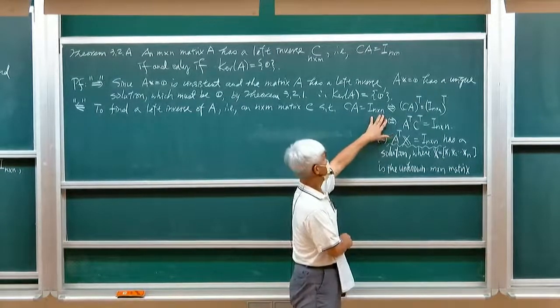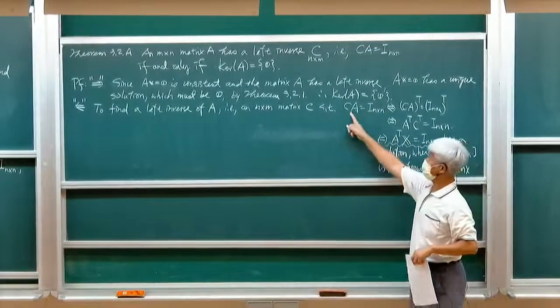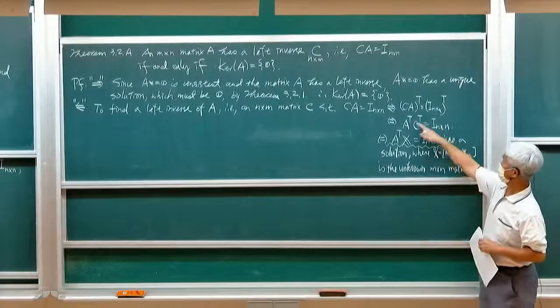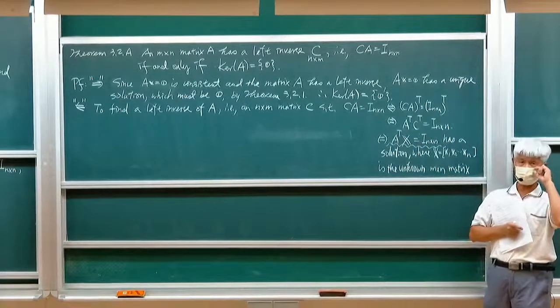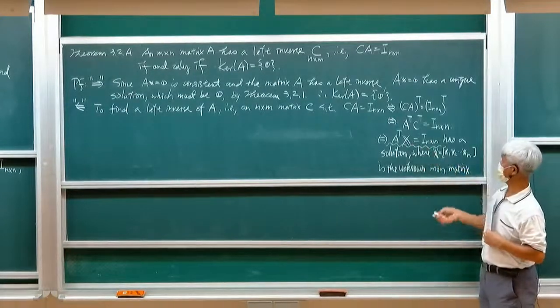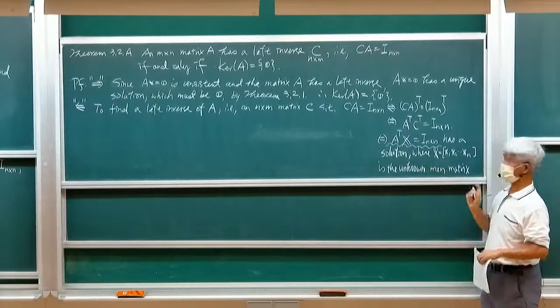Because A is known and C is unknown, we just take the transpose, so A transpose becomes the coefficient matrix of a matrix equation, and X is an unknown m times n matrix.